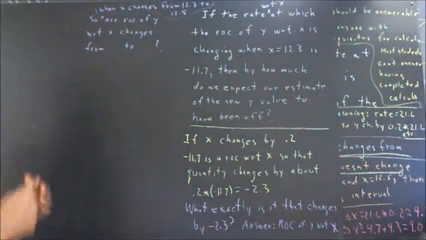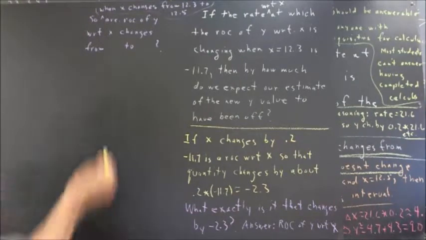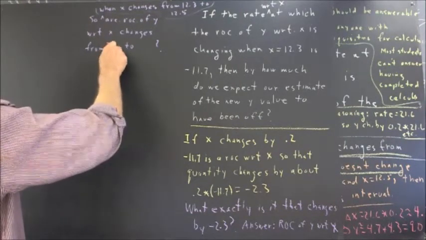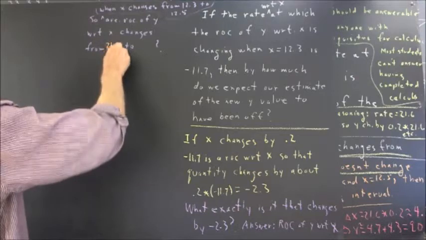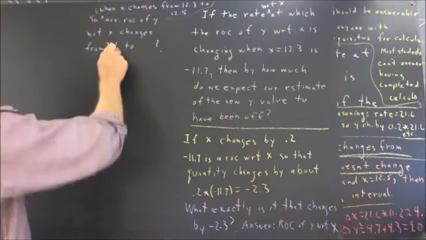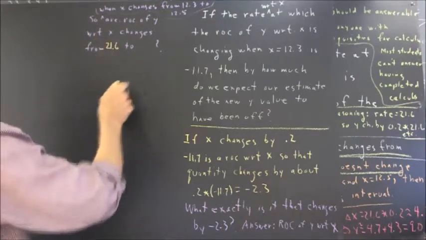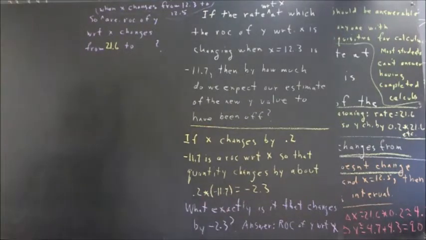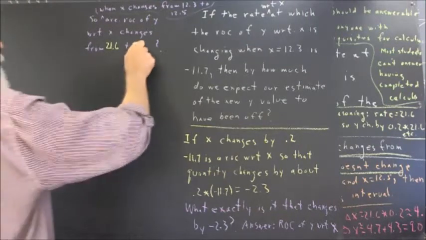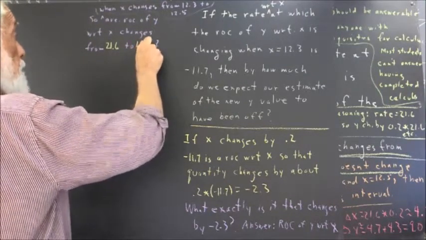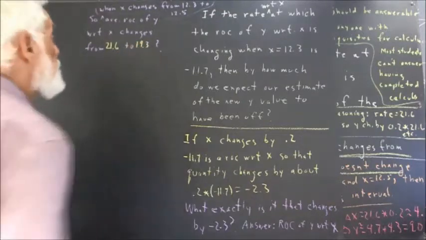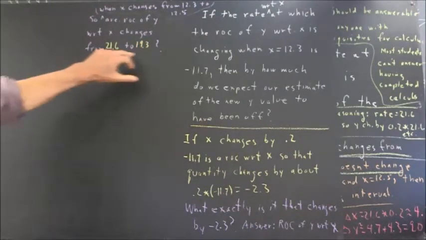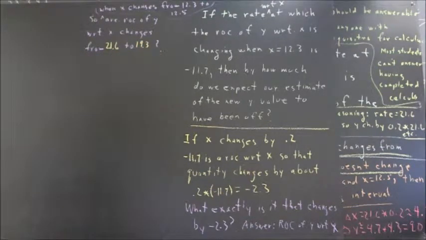So we started at 21.6, and let me just go ahead and bold that by contrasting colors. 21.6 to what? Well, if it changes by negative 2.3, we subtract 2.3 from 21.6, you get 19.3 if I did my arithmetic correctly, and you always want to check that. So we changed from 21.6 to 19.3.